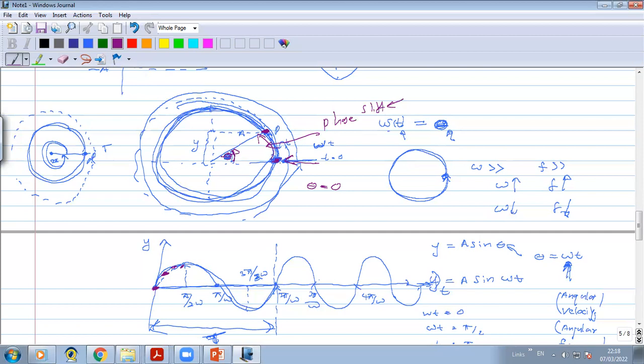So this phase shift implies the start location of this point.